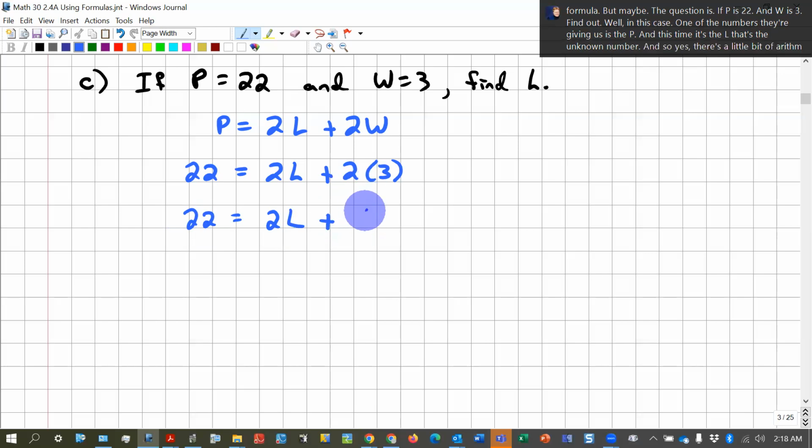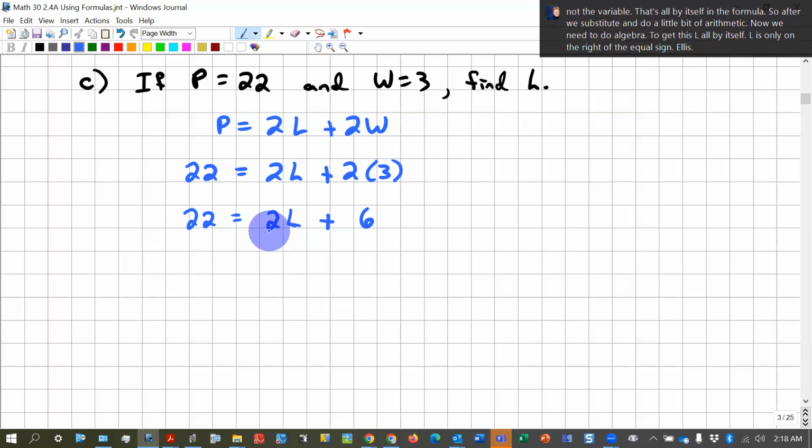2 times 3 is 6. But the variable that is the missing number is not the variable that's all by itself in the formula. So after we substitute and do a little bit of arithmetic, now we need to do algebra to get this L all by itself. L is only on the right of the equal sign.